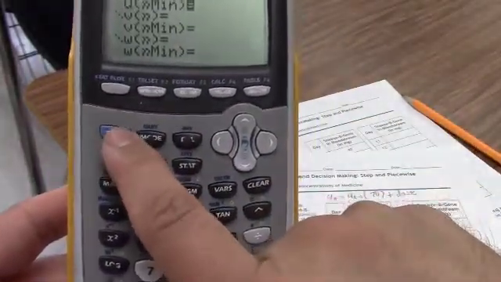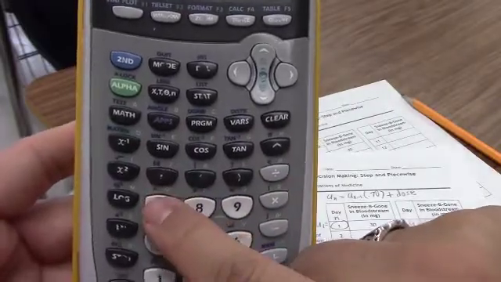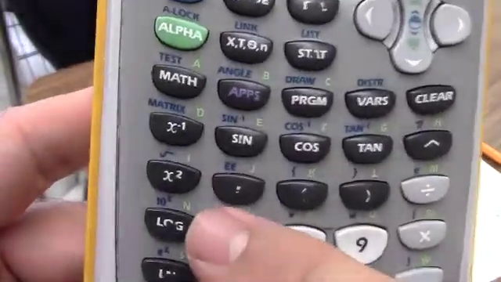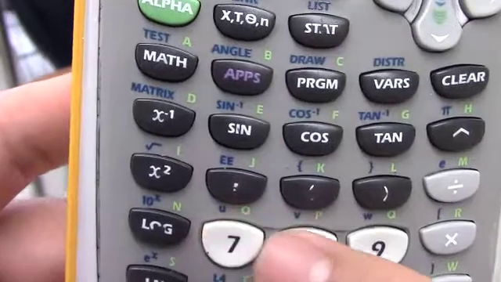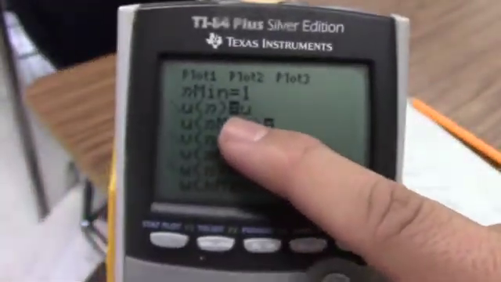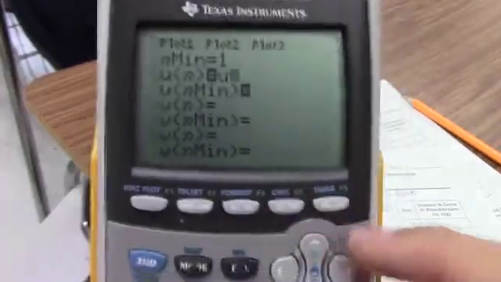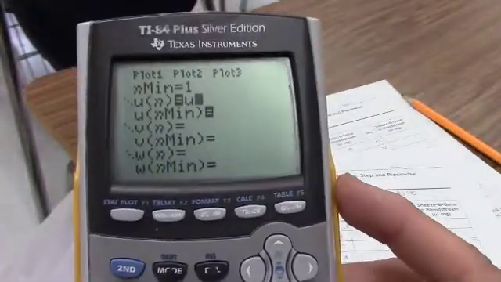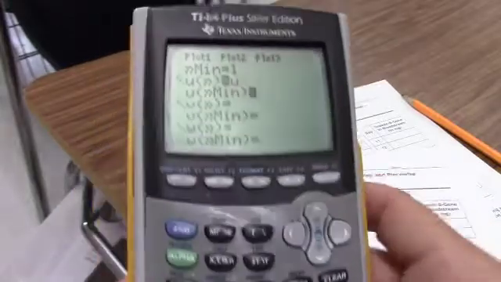Everything that's second is in blue. And if I look very closely, you see a little blue letter U, V, W. And that's where you get those things from, using the blue things, or the second.